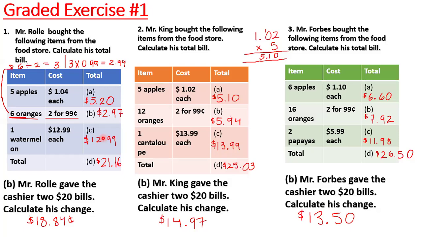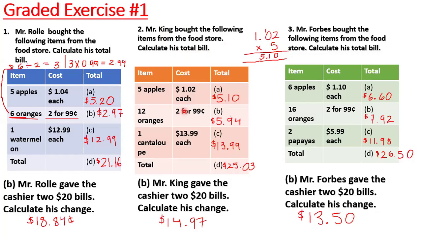So 5 apples. You read the top first. All right. Mr. King bought the following items from the food store. Calculate his total bill. So you have 5 apples, and they each cost $1.02. So $1.02 times 5 equals $5.10. And then 12 oranges, 2 for 99 cents, and 12 divided by 2 is 6.